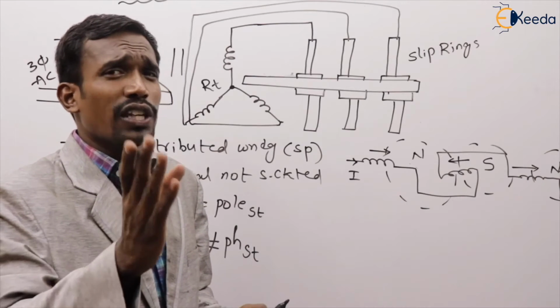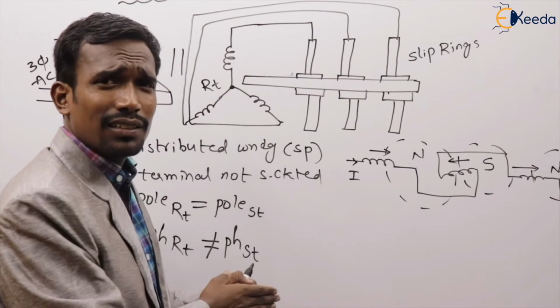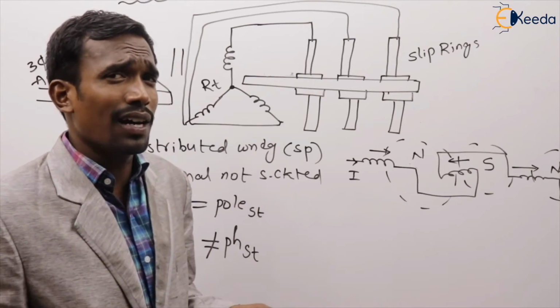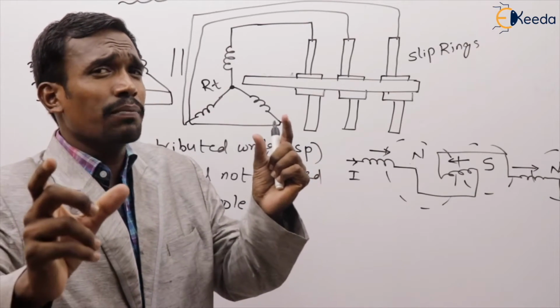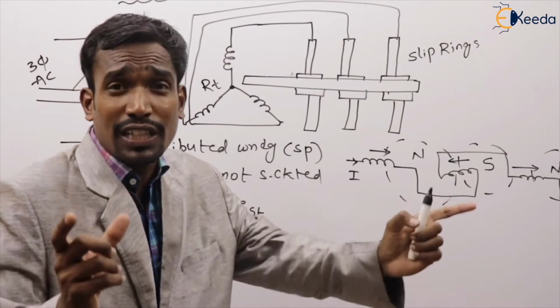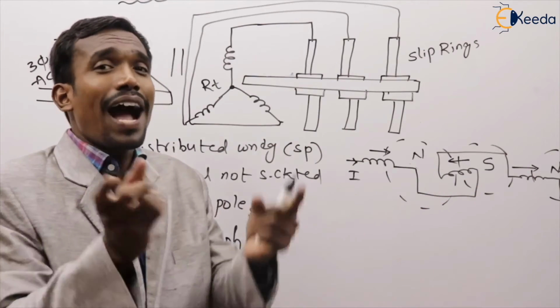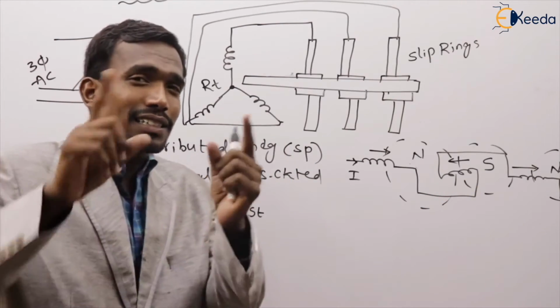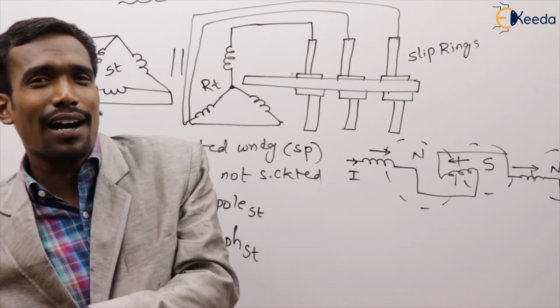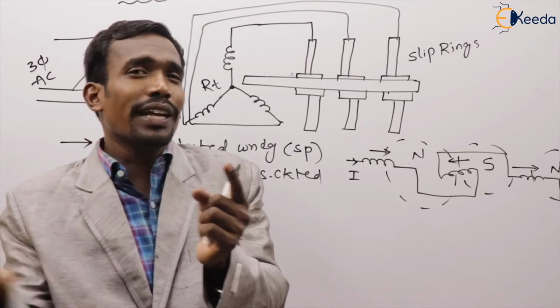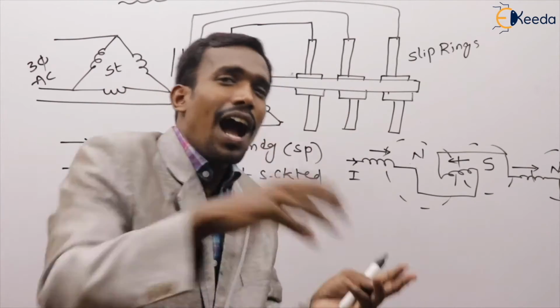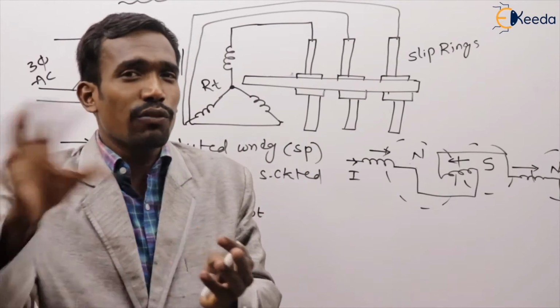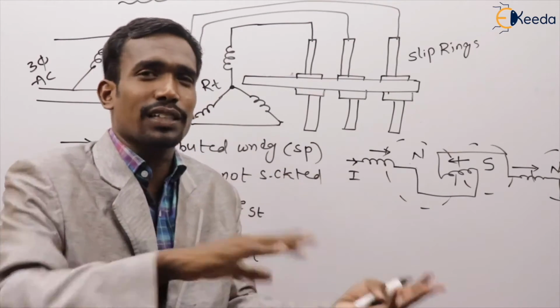Because if you change the poles in stator, there is no operation because the poles of the stator must and should be equal to poles of the rotor. That's why we have to change poles in stator as well as rotor. We have to rewound for both stator and rotor.